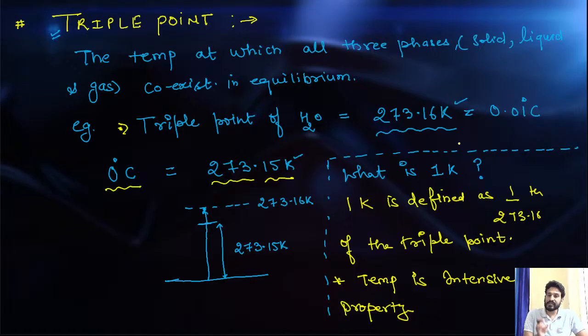But at 0.01 degree Celsius, the water is present in all three phases. So in the phase context, these two values have a huge difference. This is what I'm trying to say, right?